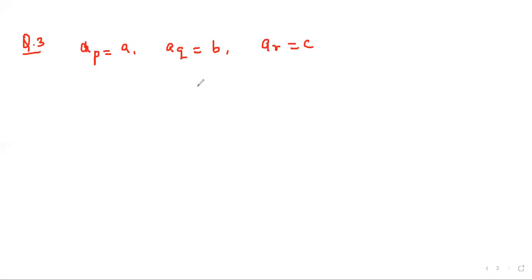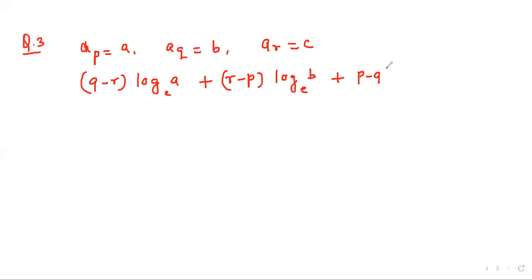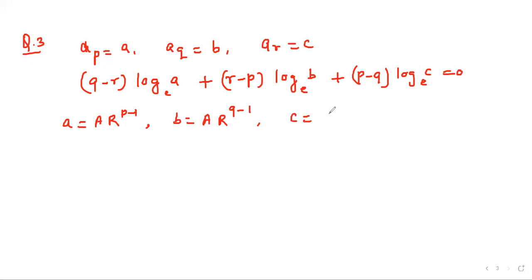Then we have to prove that (q-r) times log a base e plus (r-p) times log b base e plus (p-q) times log c base e is 0. So here a will be the pth term, that is AR^(p-1), b equal to AR^(q-1), and c equal to AR^(r-1).